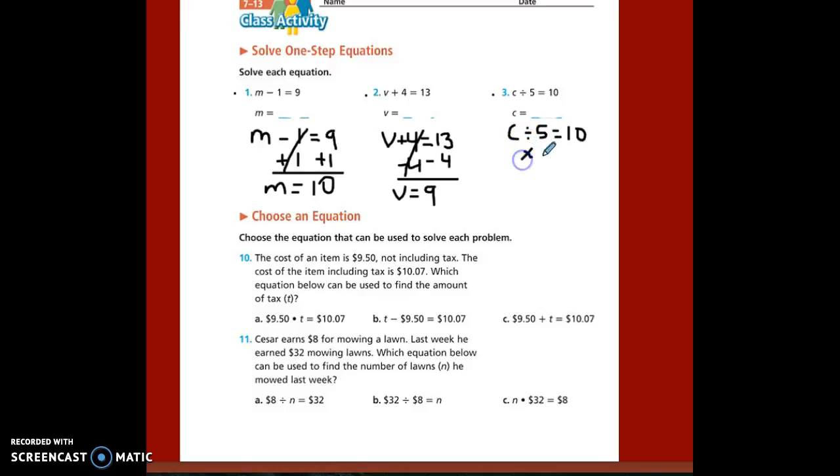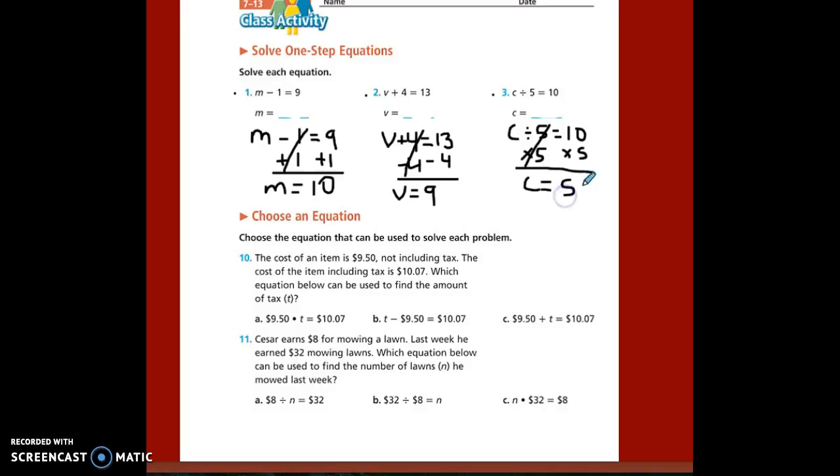So I'm going to times it by 5 on this side, and if I do it on this side, I have to do it on this side in order to make it work. So I multiply it by 5, I solve it, and these cancel out. So I end up with c equals, and I think of what is 10 times 5. 10 times 5 is 50.